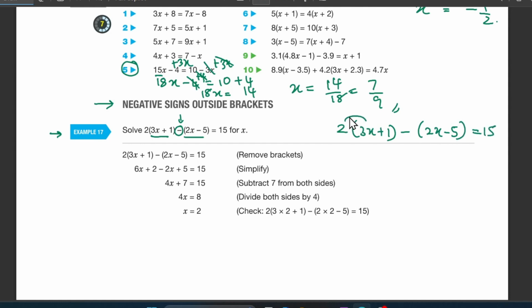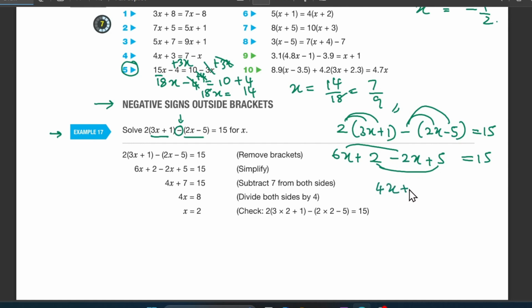So now we can multiply both the terms by 2. So we get 6x plus 2. Then think of this minus sign as minus 1. So from that also we have to multiply both terms. Then we get minus 2x plus 5. And now we can take the like terms together. Then we get 4x plus 7 equals 15.